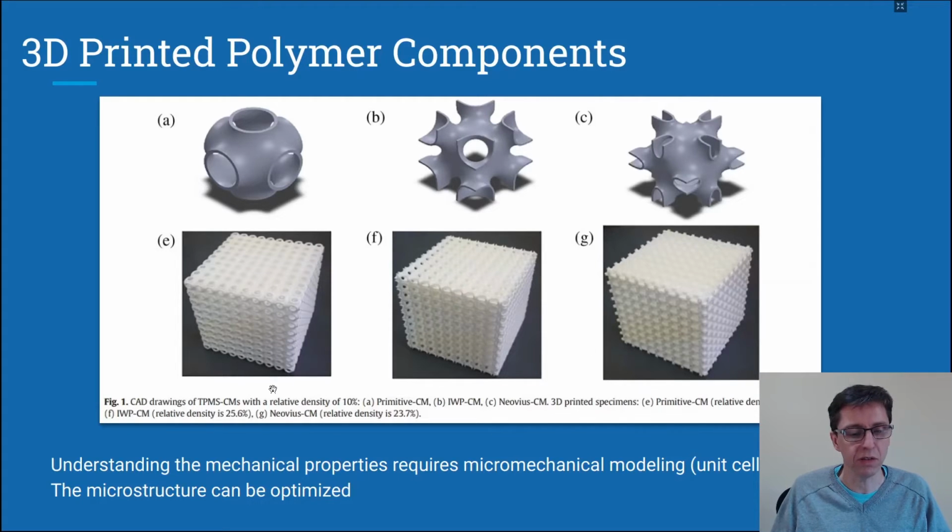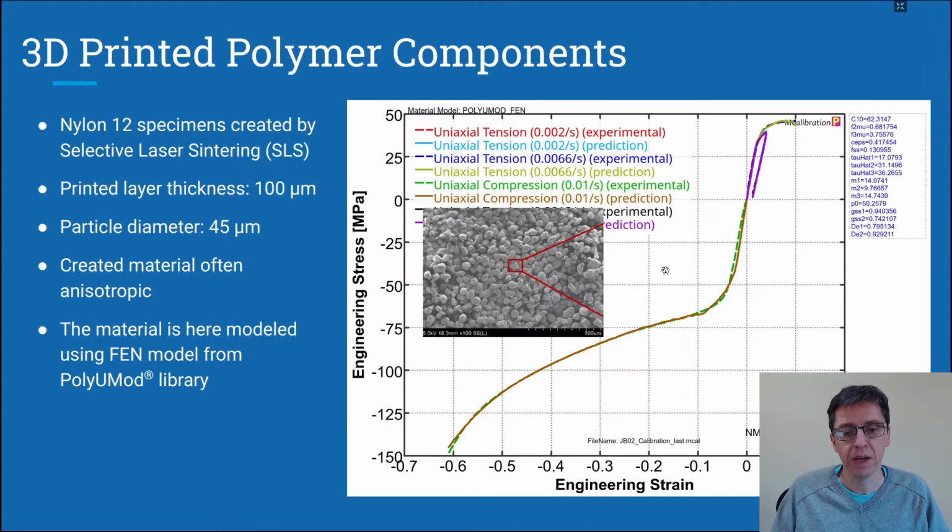So here is a figure from a paper that I co-authored. We'll see that you can explore different shapes that each fill space for this material. This allows you to simulate the properties of this big block here, and you can optimize that for whatever application you have in mind.